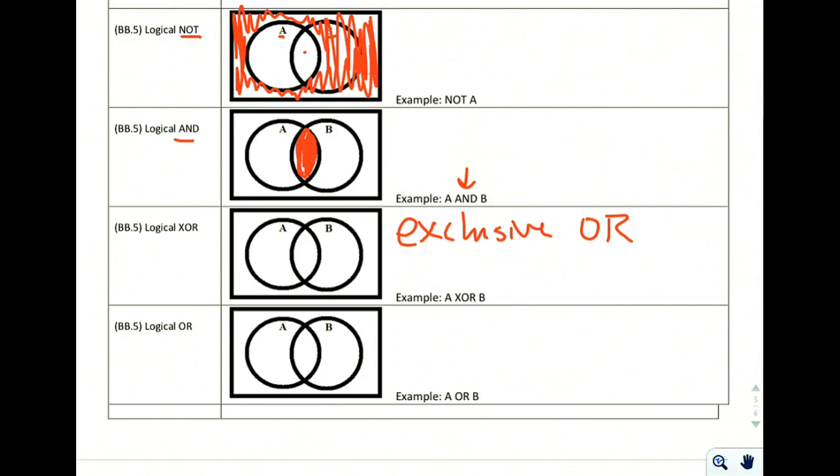I would like this or that, but not both. And obviously not neither. I want one or the other. So logical XOR would mean A and only A, or B and only B, and not the overlapping region. So not overlap.